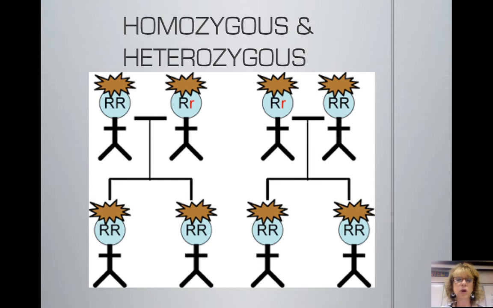Here we show crosses between 2 parents. If you have one parent who has 2 dominant alleles, capital R, and the other parent who has a dominant and a recessive allele, capital R, lowercase r, they could produce offspring that are capital R, capital R, or capital R, lowercase r.